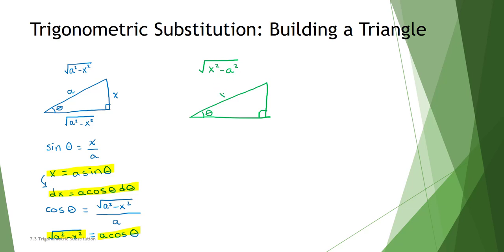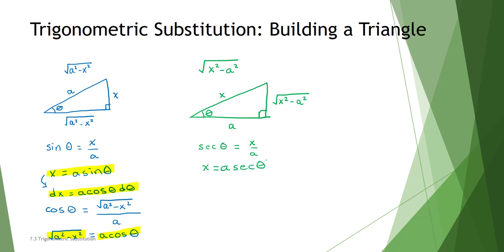We'll make x the hypotenuse, and we'll make a the adjacent side. Then the opposite side, using the Pythagorean theorem, will be the square root of x squared minus a squared. From here, you can read that secant of theta is equal to x divided by a, so x equals a times secant of theta.